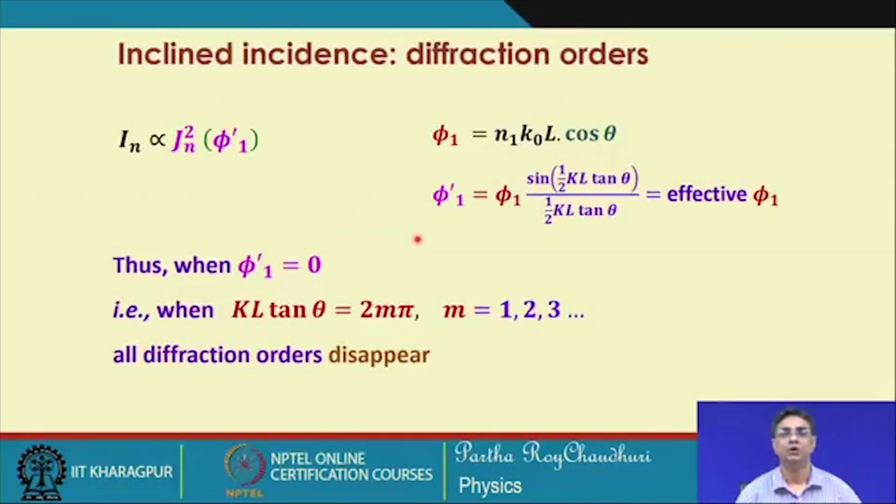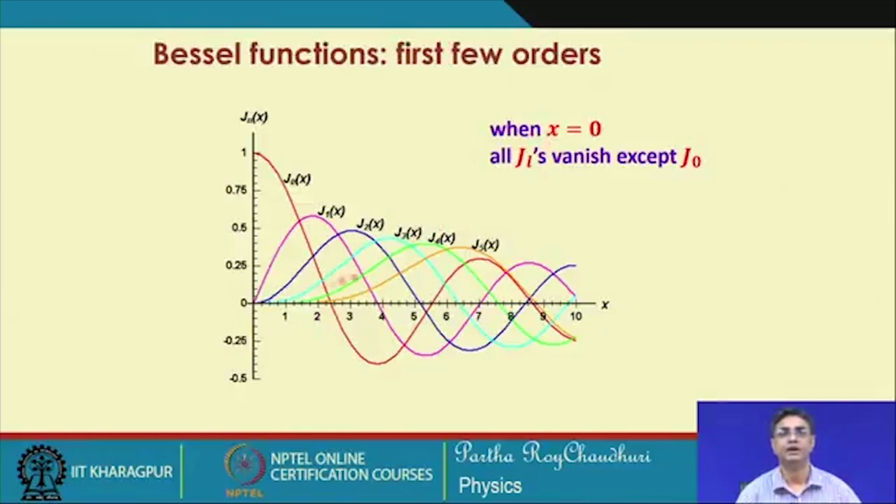So, how to get this phi dash equal to 0 at x equal to 0, as I have mentioned in the beginning, you have all the diffraction orders equal to 0. The entire field amplitude, the entire intensity is now contained in the 0th order, that is the undiffracted wave. So, that is when there is no effect of the strain.